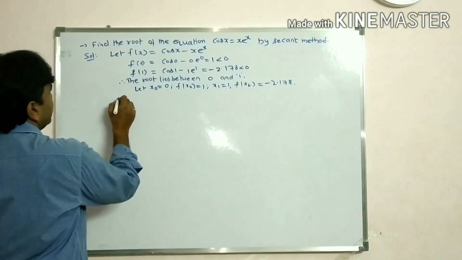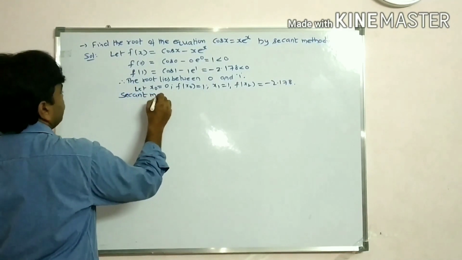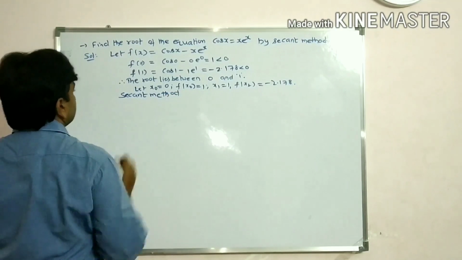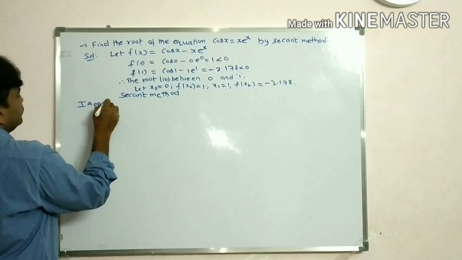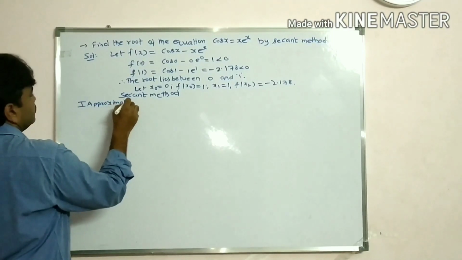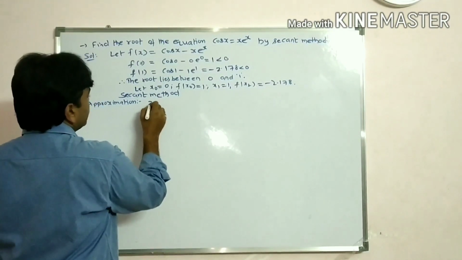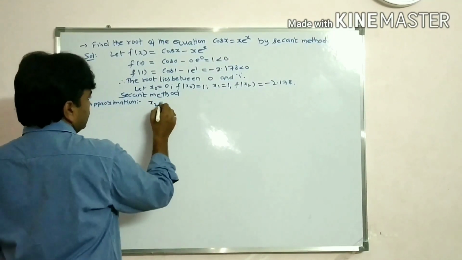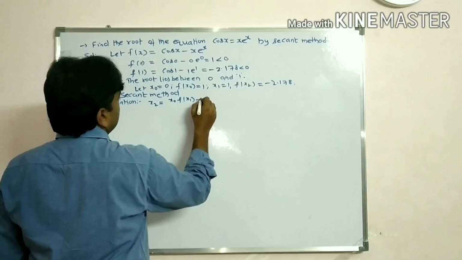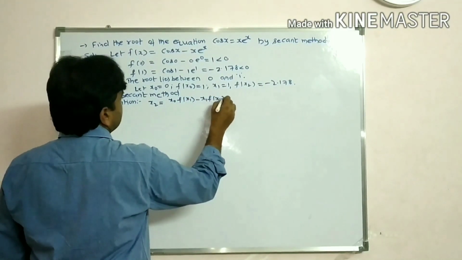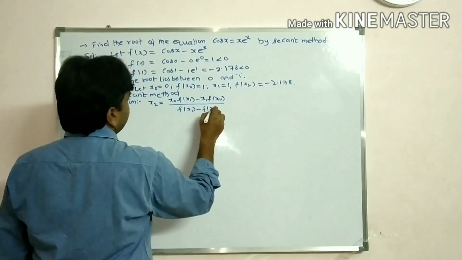Now by the secant method, first approximation x2 is equal to, what is the formula, students? (x naught f(x1) minus x1 f(x naught)) divided by (f(x1) minus f(x naught)).